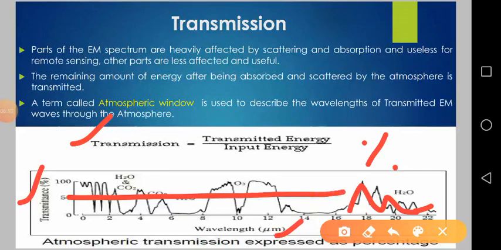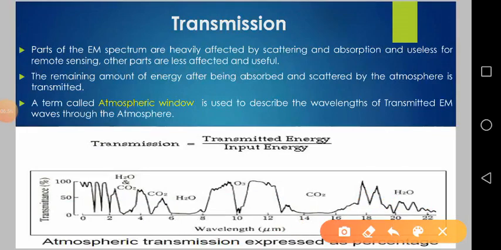Similarly, ozone is capable of transmitting wavelengths in the range of 8 to almost 13 micrometer. Similarly, carbon dioxide has maximum transmittance around 4 micrometer.